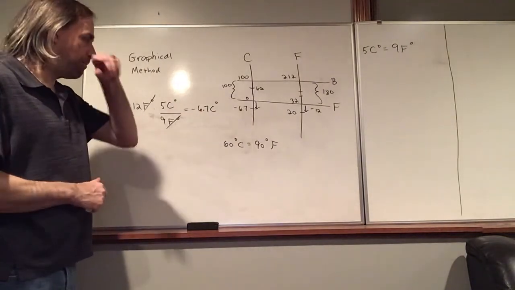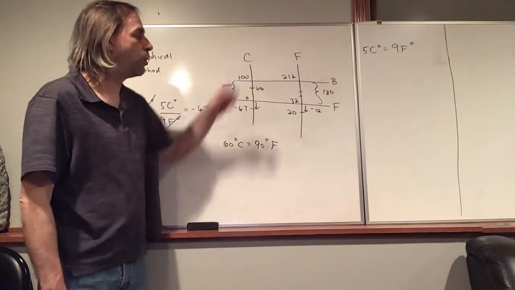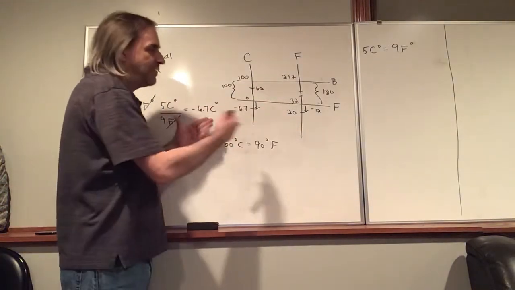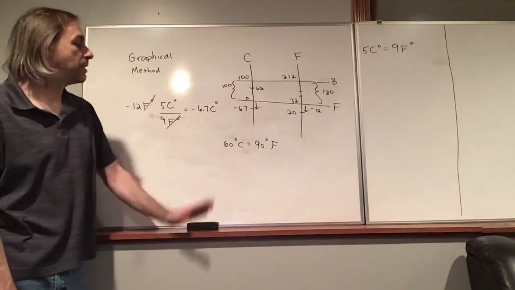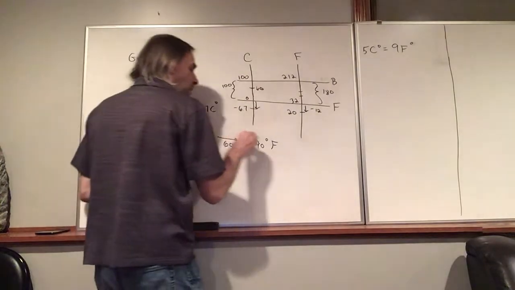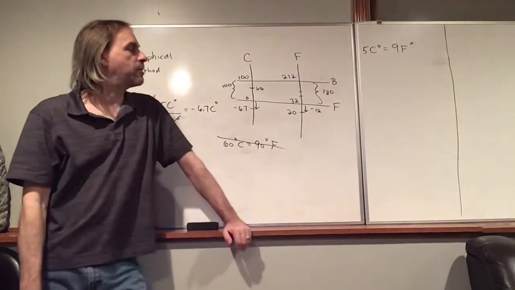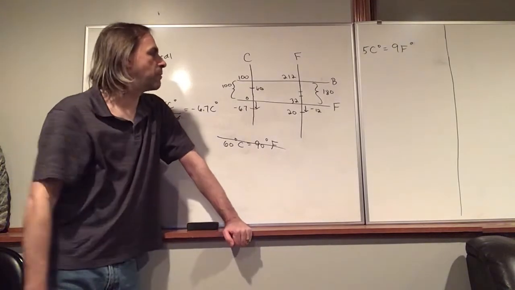Or if we got like say 300, we're on the wrong side of this boiling point, or if we got a negative number. But you can see visually if your answer makes sense or not. So this is obviously wrong, and graphically, you get this perspective that you don't always get with equations. So I like doing it this way.